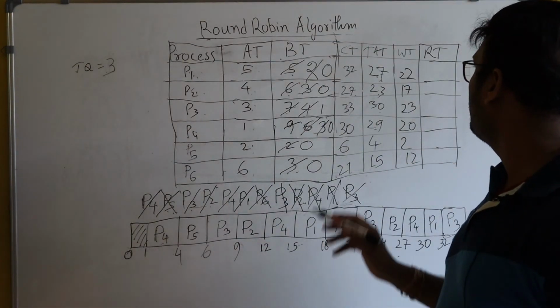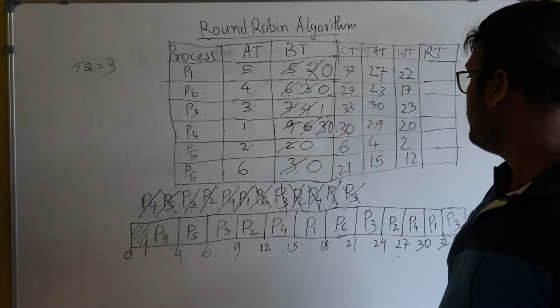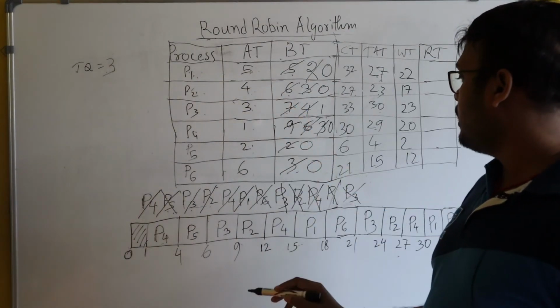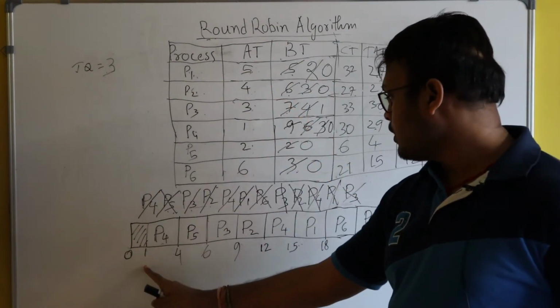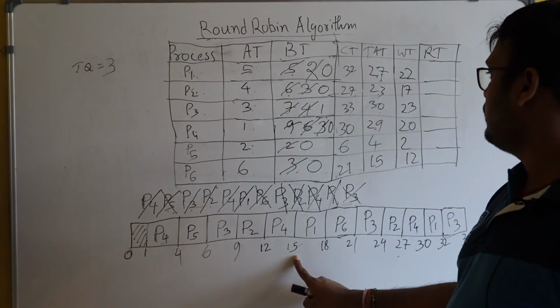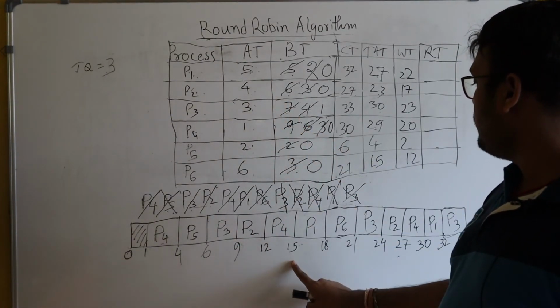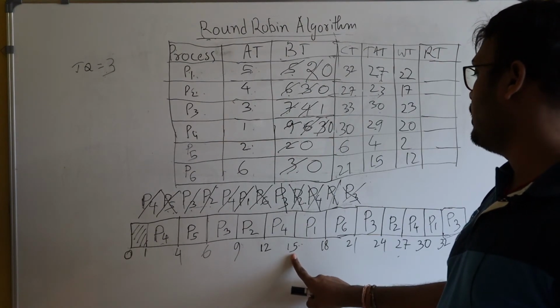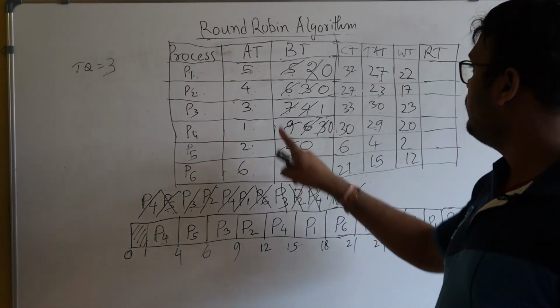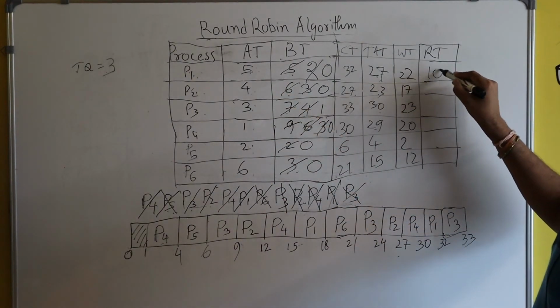So you see how to calculate the response time of P1. P1 arrived at 5, but P1 got the CPU for the first time at 15. So what's the response time of P1? 15 minus 5, 10.